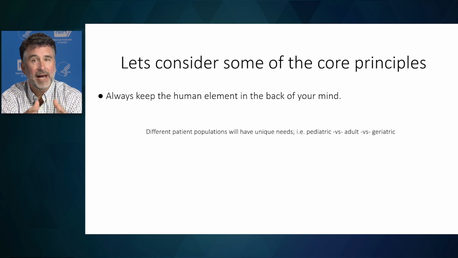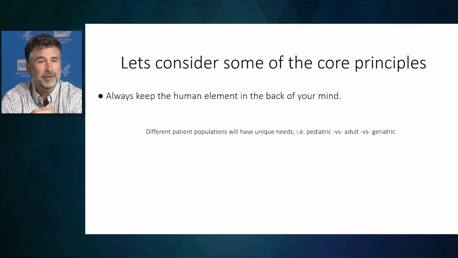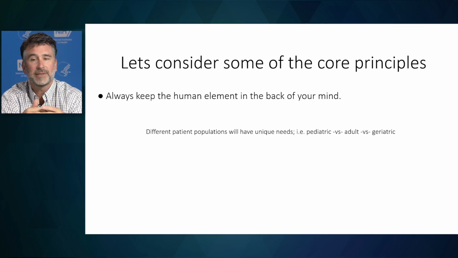We treat pediatric patient populations differently than we treat adult populations, differently than we treat geriatric populations. They will all have different abilities to deal with certain levels of toxicity of a drug. They're going to have different metabolisms that define how quickly a drug is absorbed or eliminated from the body.